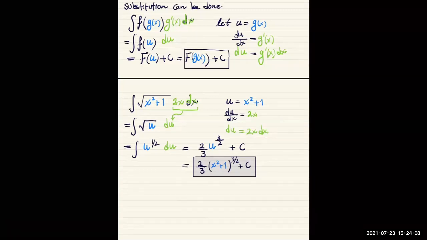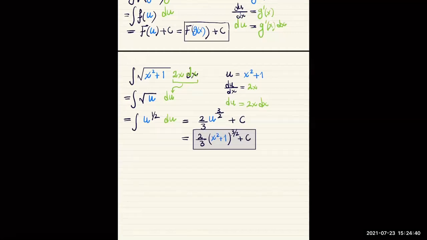So the derivative of the inner function, the derivative of g of x, has to be sitting there in the integral, else we just can't answer the question at all. That's why I'm telling you, finding antiderivatives is not easy. If I didn't have this x, I wouldn't be able to do this problem. There is nothing to substitute for that.